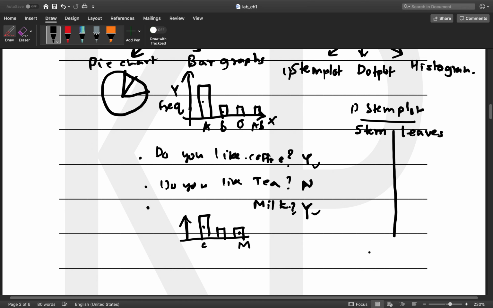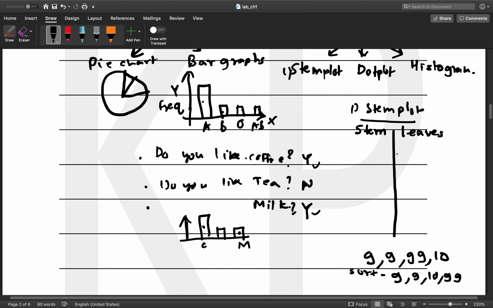So let's say you have data like this: 9, 9, 99, 10. First thing in any kind of graphical representation of data is to sort the data set in ascending order, preferably. So in this case, I would sort it as 9, 9, 10, and 99. And then I will go and represent this data.